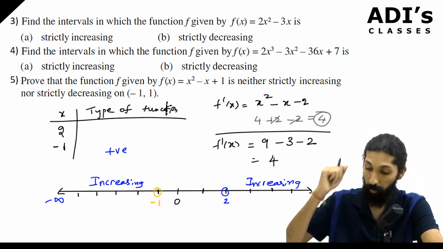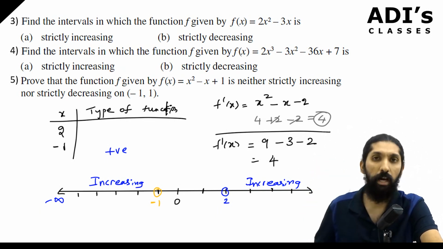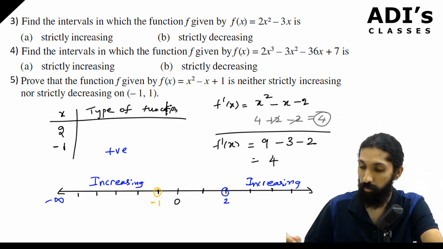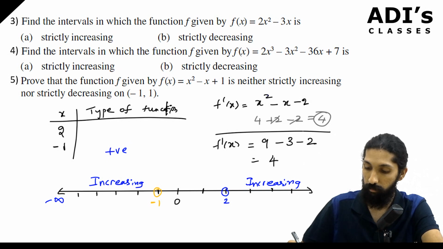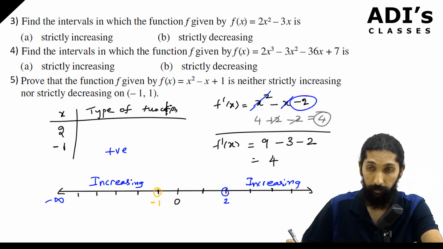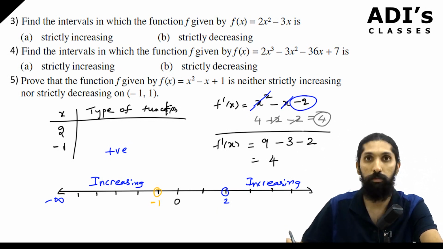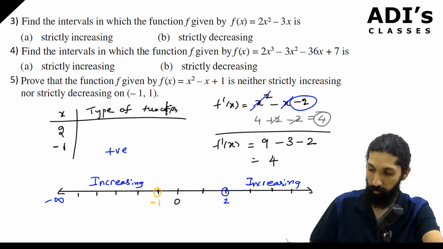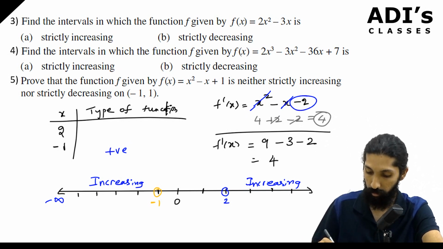Minus 2 and 0. Minus 2 was less than 0, whereas f of x1 is greater than, sometimes equal to, f of x2. So this is what we call a decreasing function.